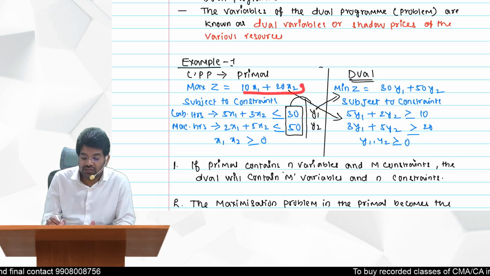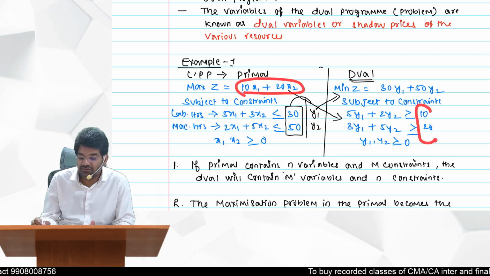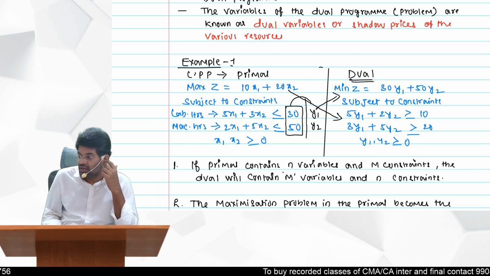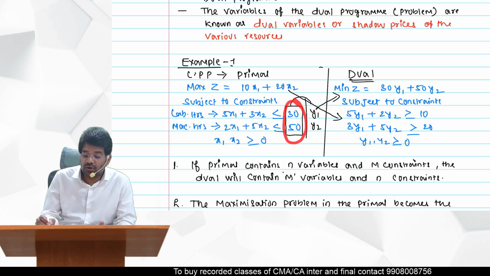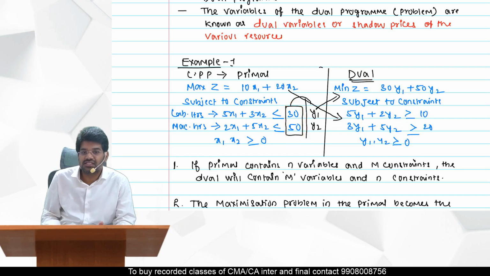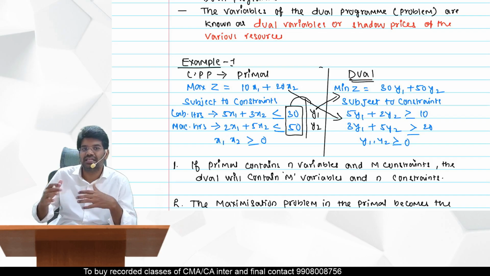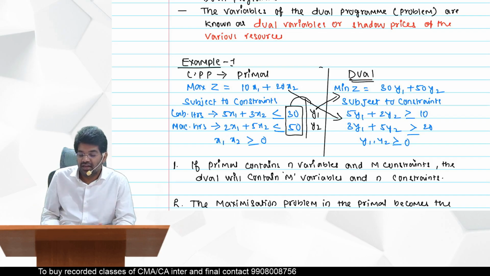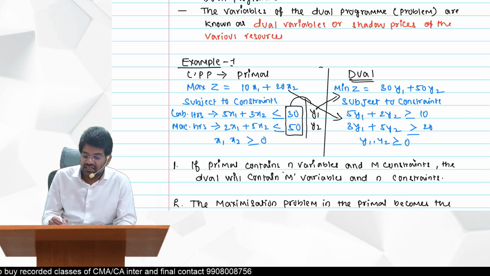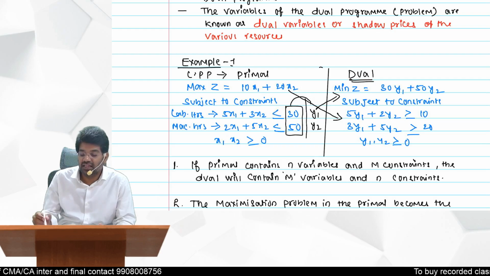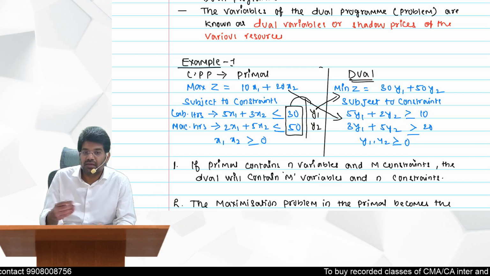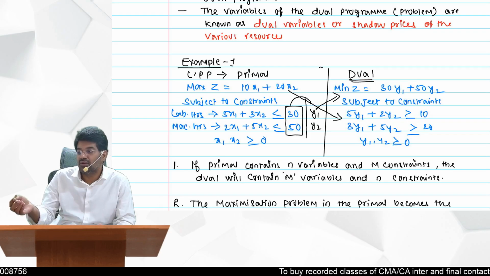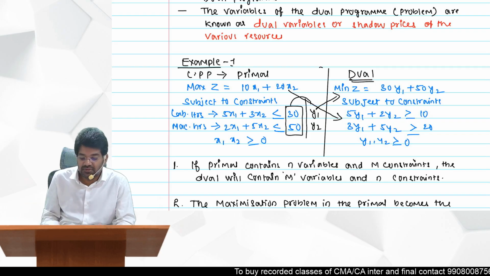Primal objective function coefficients will become constraints of the dual, and the original primal constraints will become objective function coefficients. This is called transposing, reversing. And one more thing: the less than or equal to equations will become greater than or equal to in our dual program, whereas if the primal has greater than or equal to, in the dual it will become less than or equal to.